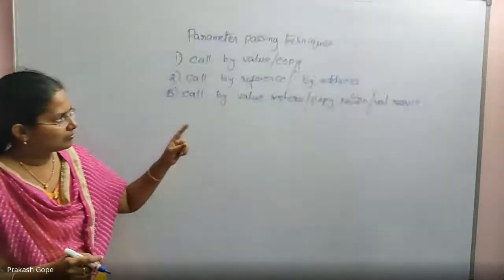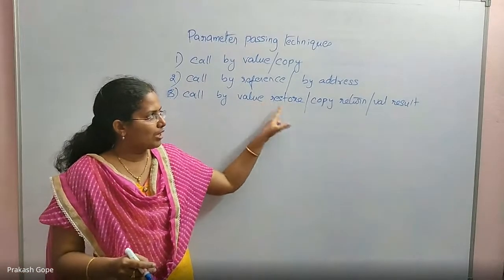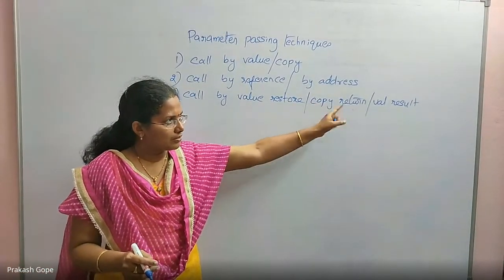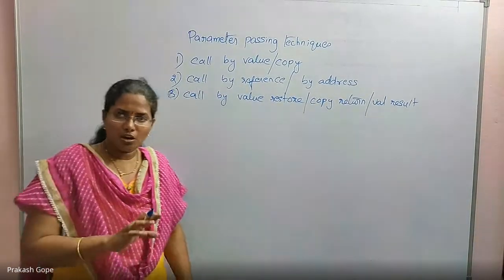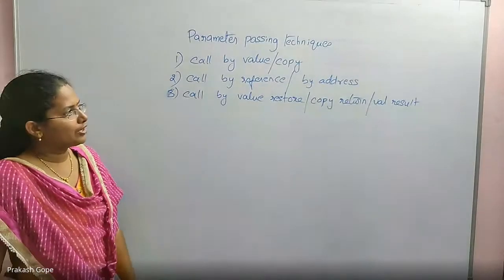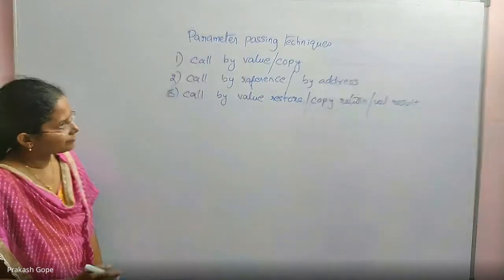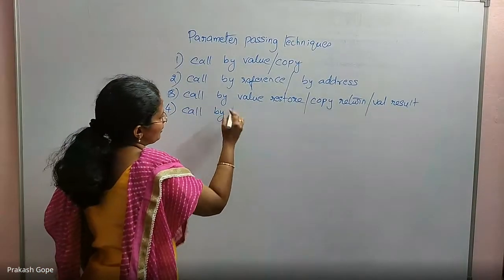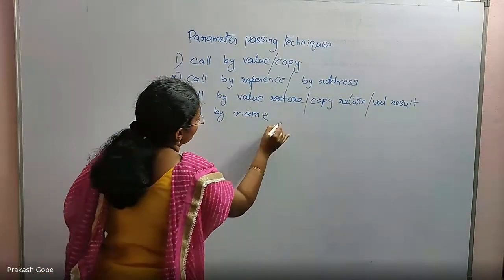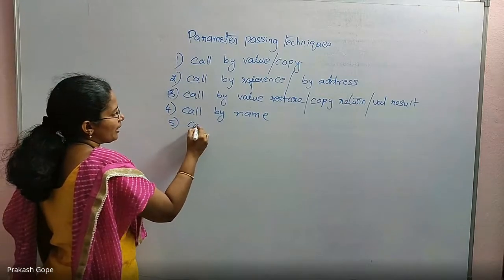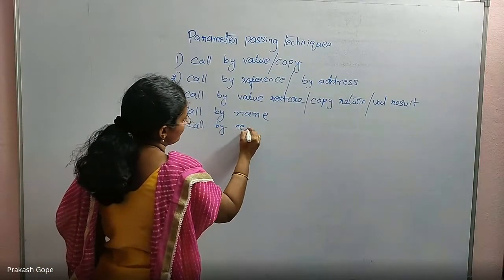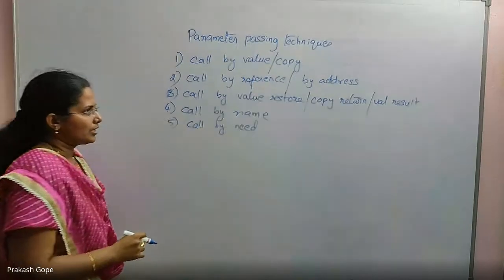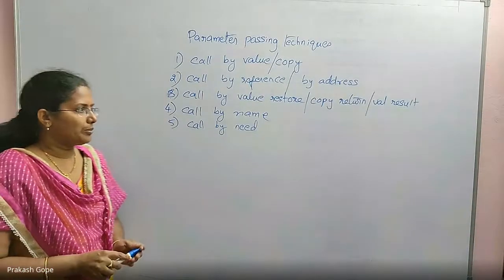Call by copy restore, value restore, copy return, value return, value result, copy result, all are same. Different names for the same technique. Then call by name, call by need. So these are the 5 parameter passing techniques.